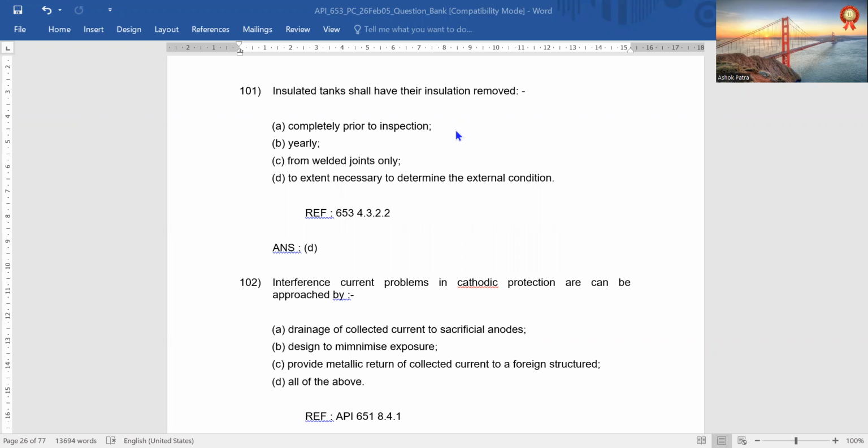API 653, from 101 onwards. Insulated tanks shall have their insulation removed to the extent necessary to determine the external condition.